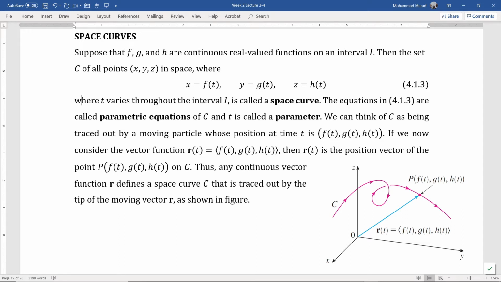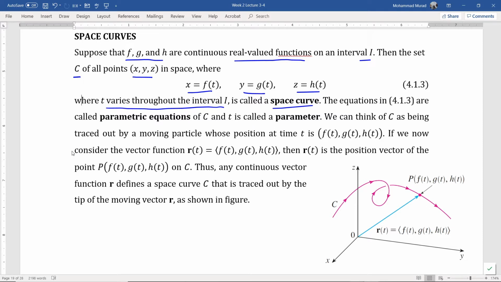Space curves. Suppose that f, g, and h are continuous real-valued functions on an interval I. Then this set C of all points with coordinates x, y, z in space, where x equals f of t, y equals g of t, and z equals h of t, where t varies throughout the interval I, is called a space curve.